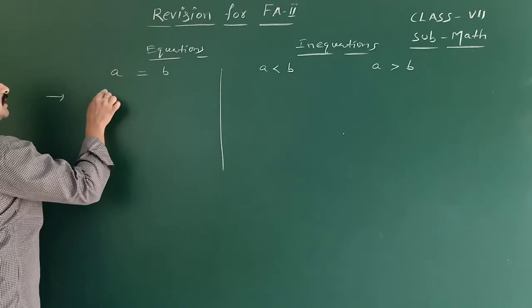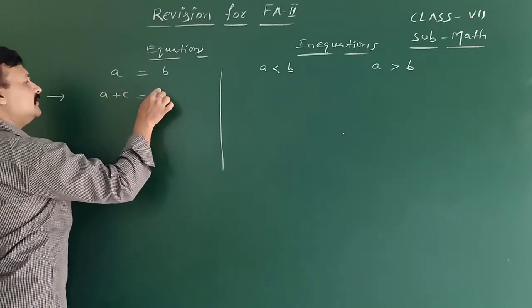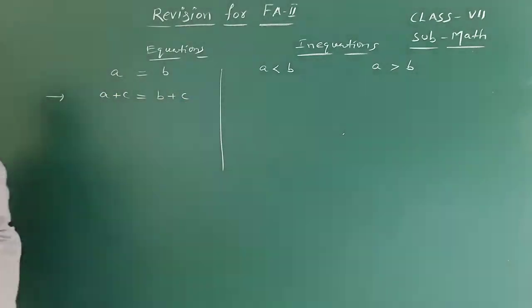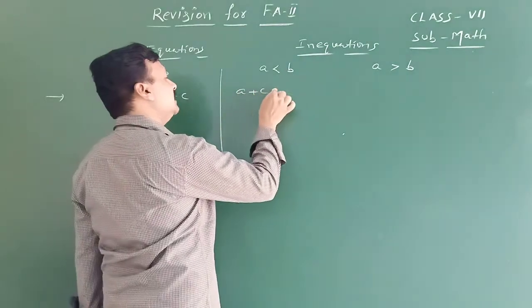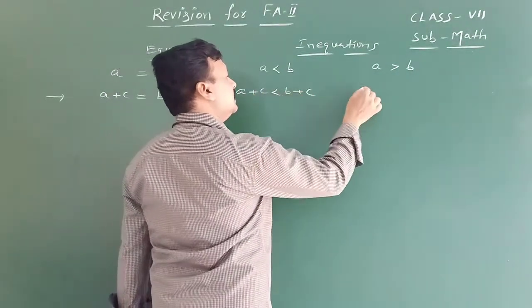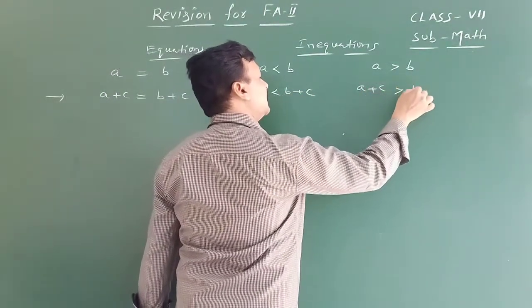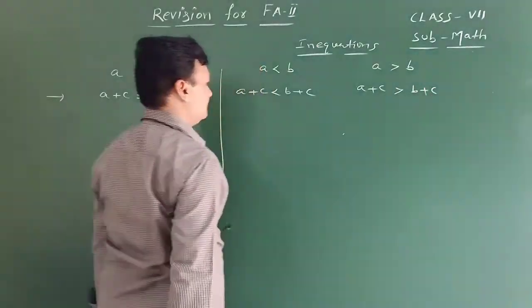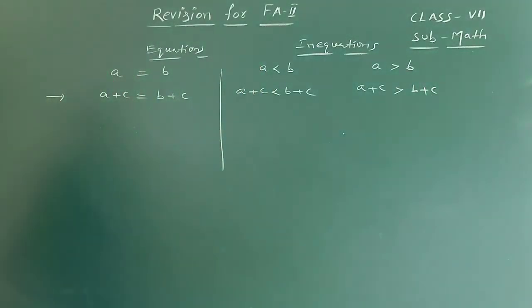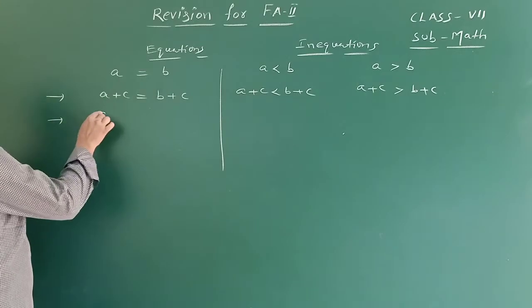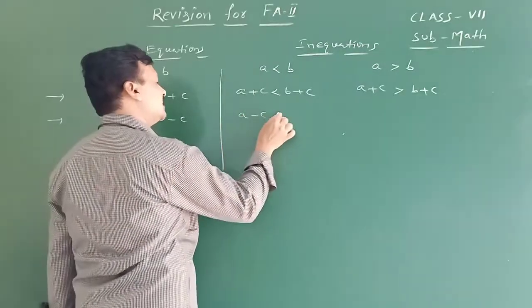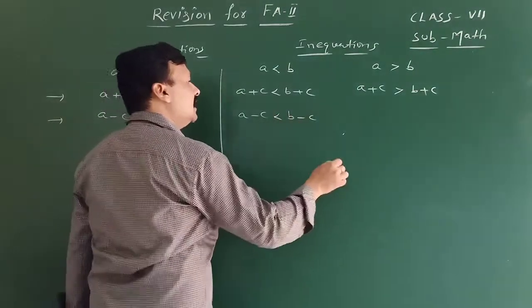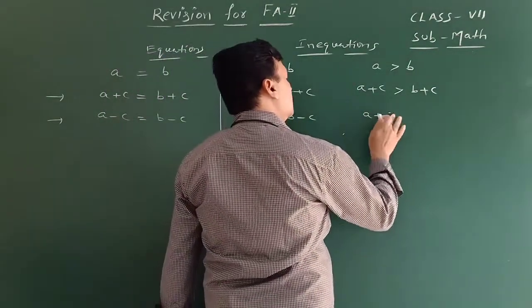C is a number. If you add c to both sides of the equality sign, there is no change in the equation. Here also a + c < b + c, a + c > b + c. Next, if you subtract c from both sides of the equation or inequation, there is no change.